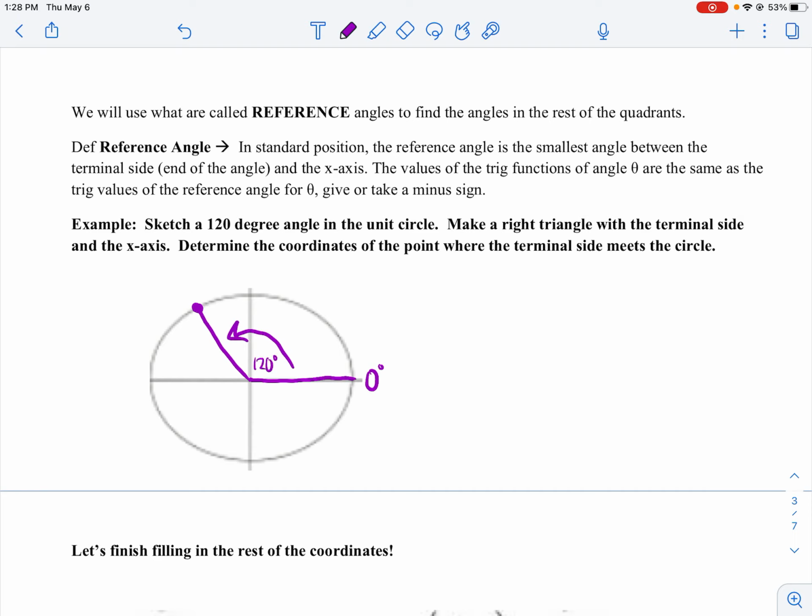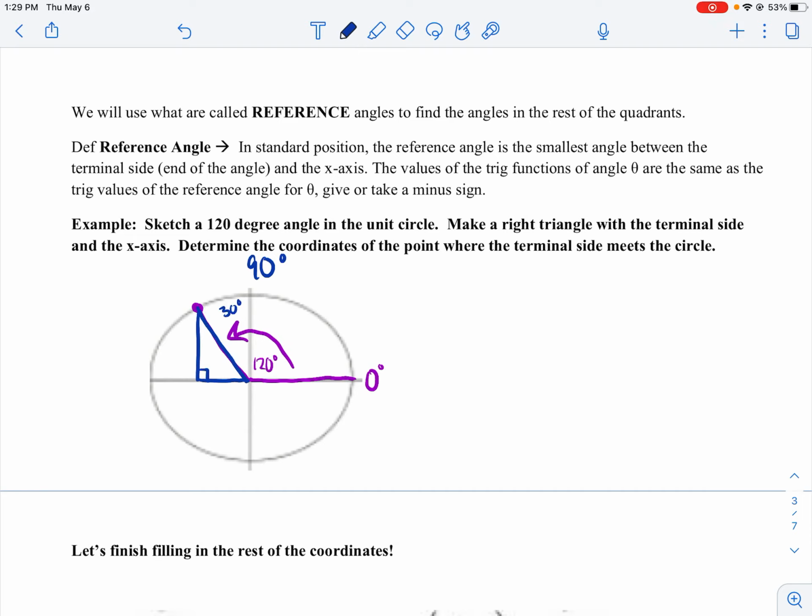It says make a right triangle with the terminal side and the x-axis. We're talking about this side over here. This is our terminal side, and there's our right triangle. So you have to figure this out. This is 90. How far over did we go past 90?